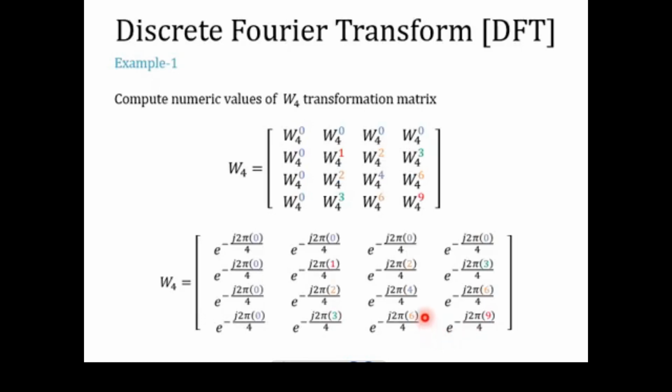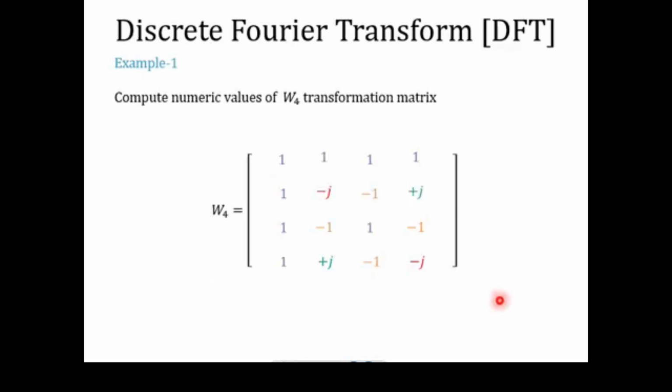Now let's come to the last two values, which are both the same. Exponential minus j 2 pi into 3 divided by 4 is basically exponential minus j 3 pi by 2, and exponential minus j 3 pi by 2 will be equal to plus j. So the values of this factor and this factor will be plus j.